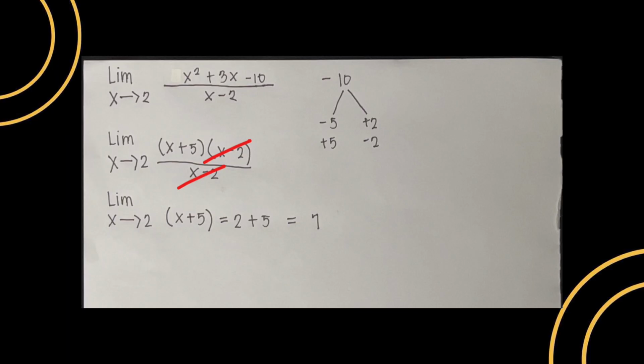So we're not going to get a 0 in the denominator anymore. So it's going to be 2 plus 5, which is 7. So that's the limit as x approaches 2 of x squared plus 3x minus 10 divided by x minus 2.